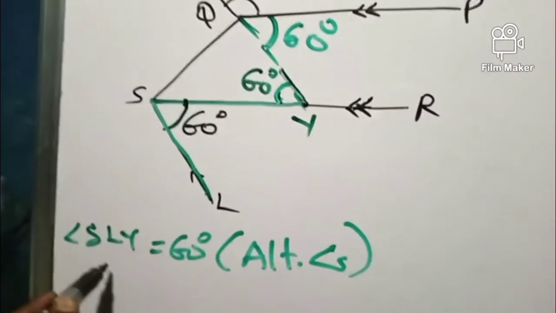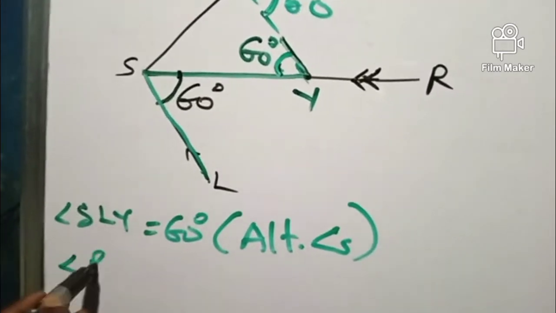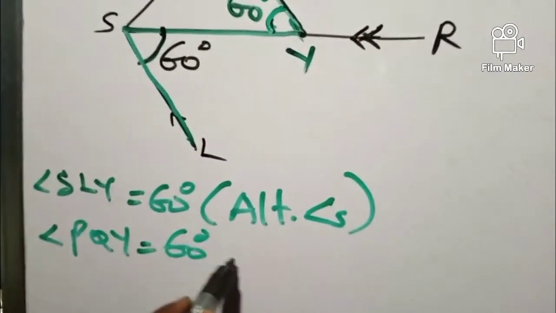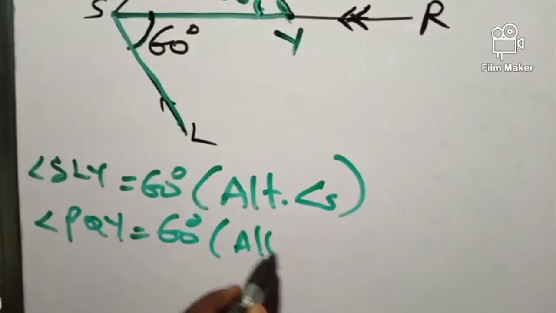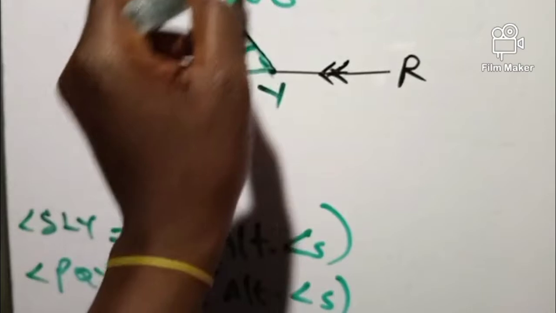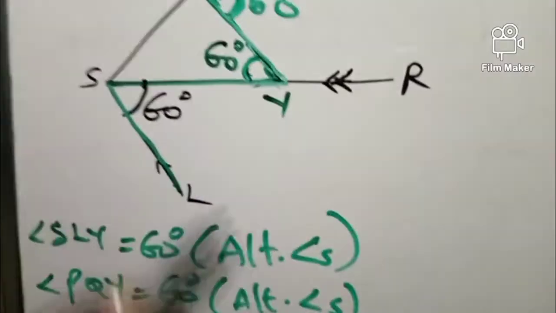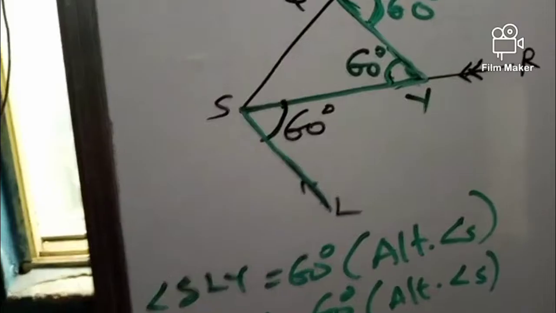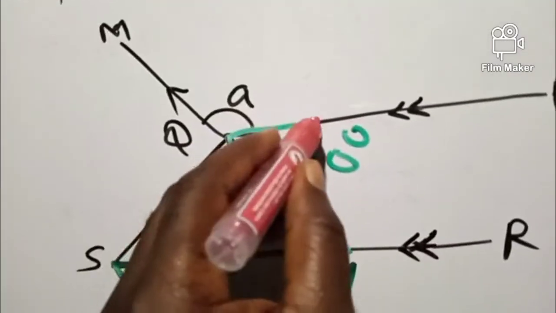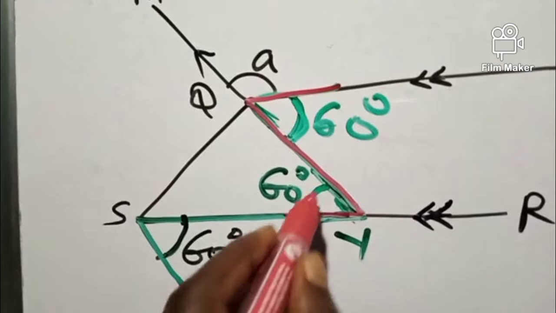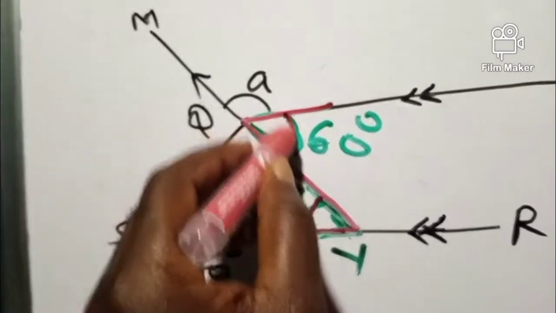So I can say angle PQY is equal to 60 degrees. The same reason, alternate angles, because this angle here forms a Z with this angle. Can you see it? So that's why this angle and this angle are equal.